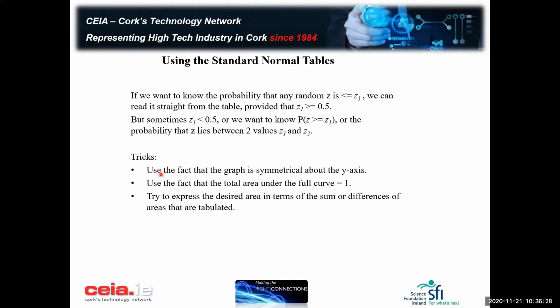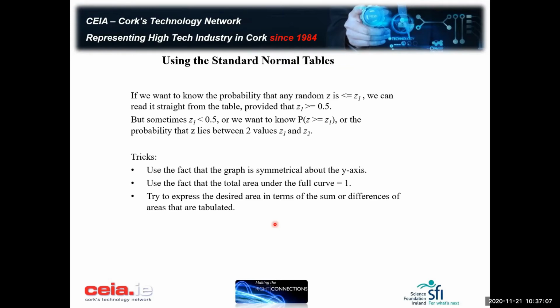You use the fact that the graph is symmetrical about the y-axis, which lets you work with values of Z that are less than 0. You can use the fact that the area under the whole curve is 1. We'll show how that works in a minute. And for the more general cases, where you're looking for the integral between two values, Z1 and Z2, you try using sums and differences of areas to work out your desired probability.